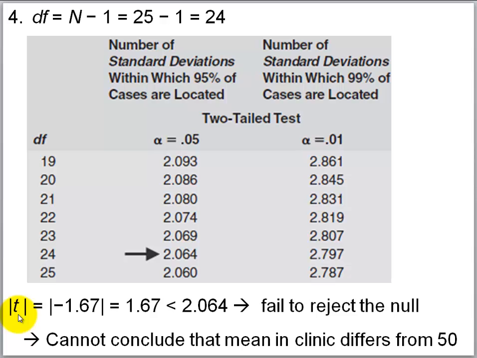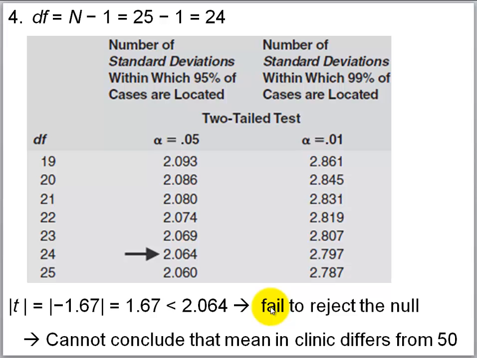The absolute value of our obtained t, which is to say the absolute value of minus 1.67, is 1.67. 1.67 is less than the t in the table, this being the critical value of t. This being the case, our decision is to fail to reject the null.